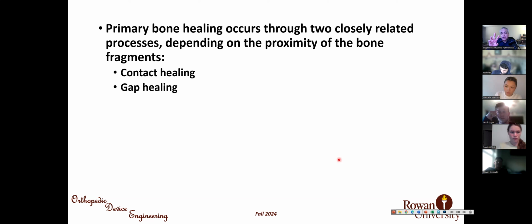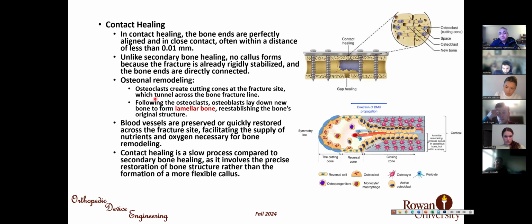We have, again, two mechanisms for primary bone healing: contact healing and gap healing. Now we are talking about the gap less than 1 millimeter where primary bone healing happens.